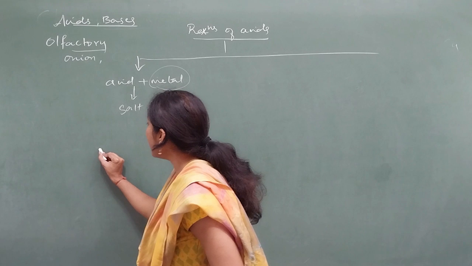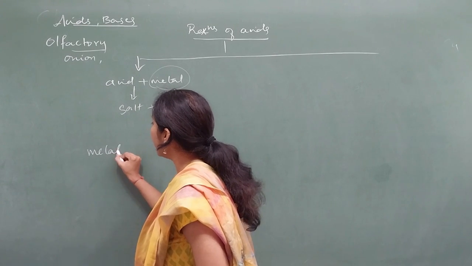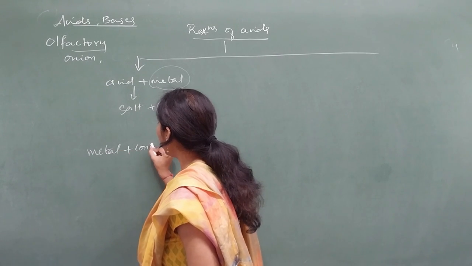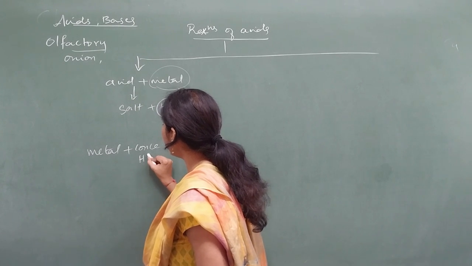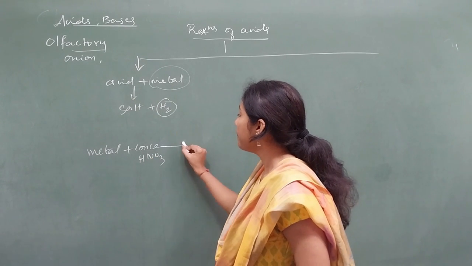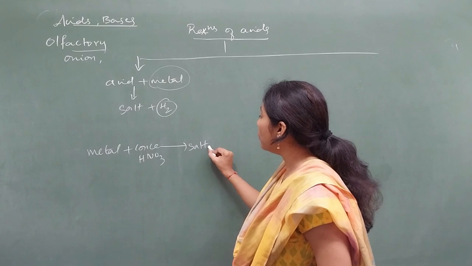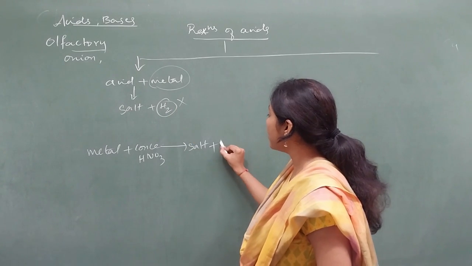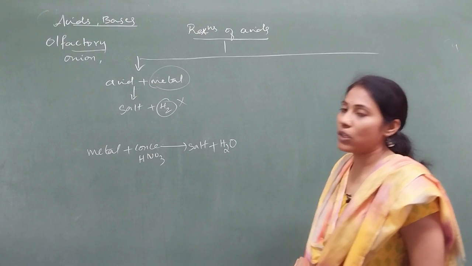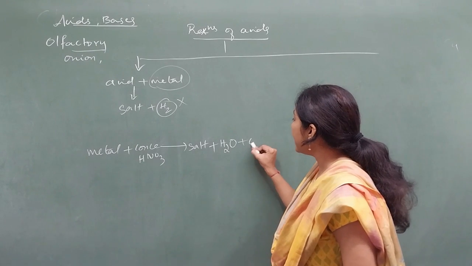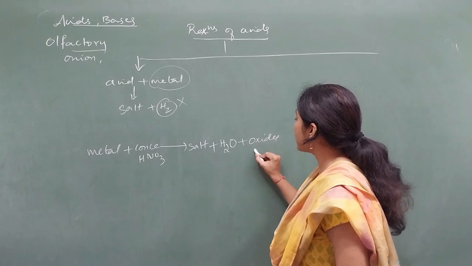Take nitric acid. Any metal you treat with concentrated nitric acid, HNO3, you will get salt, no doubt, but you will not get hydrogen. Instead of hydrogen, you will get water plus oxides of nitrogen.